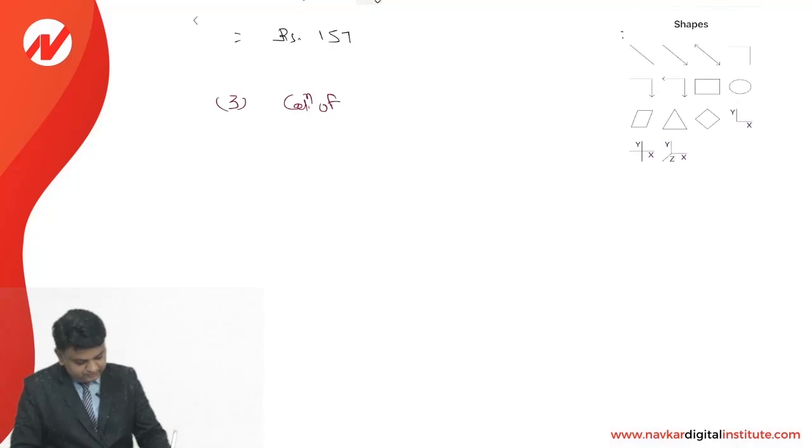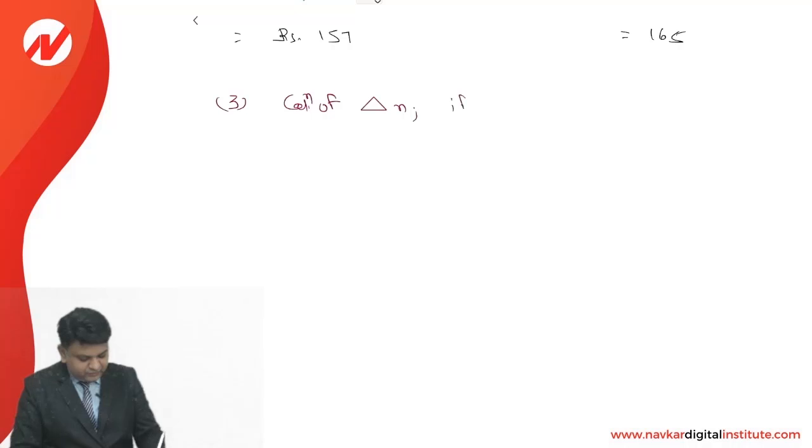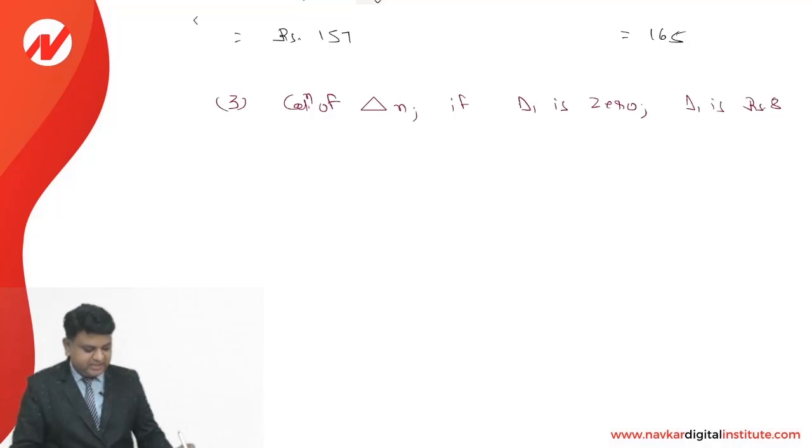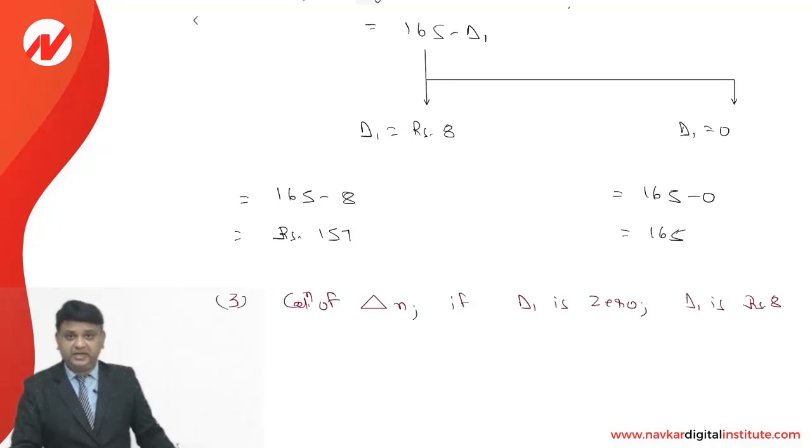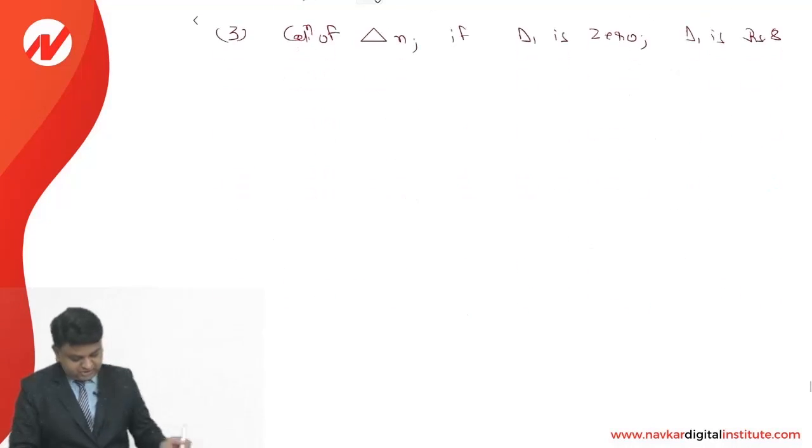So answer of the third question, calculation of delta N if D1 is 0, comma D1 is rupees 8. That is the way we are required to make the computation of delta N in both the situations.